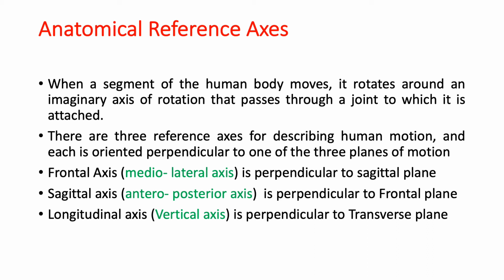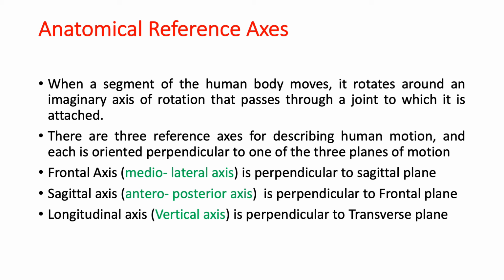Similarly, from each plane, when an imaginary line passes, that line is known as an anatomical reference axis. So there are 3 reference axes for describing human motion, just like planes, and each is oriented perpendicular to one of the 3 planes. Now here's a trick I am telling you so that you can remember it.